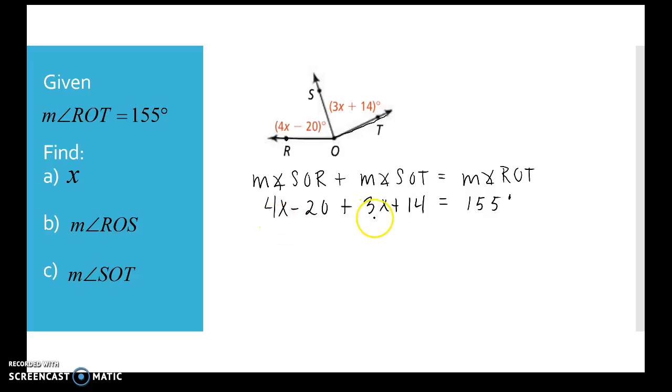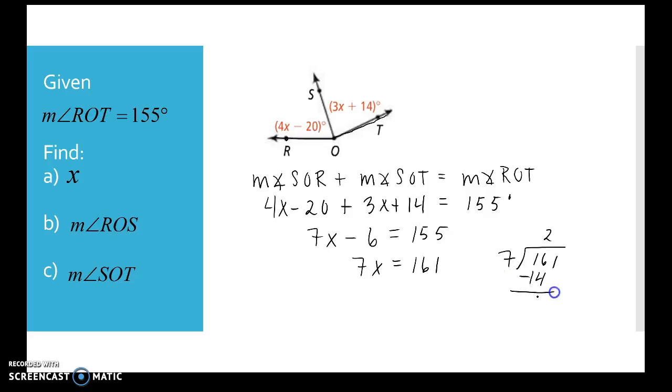So combining like terms, 4x plus 3x is 7x. Negative 20 plus 14 would give me negative 6. So I have 7x, when I add 6, equals 161. Okay. This goes in 2 times. 2 left over, bring down the 1. So x is equal to 23. Always go back and answer the question that's being asked.